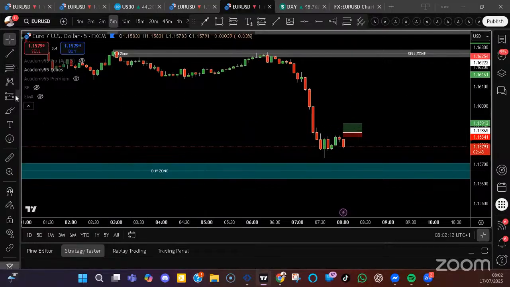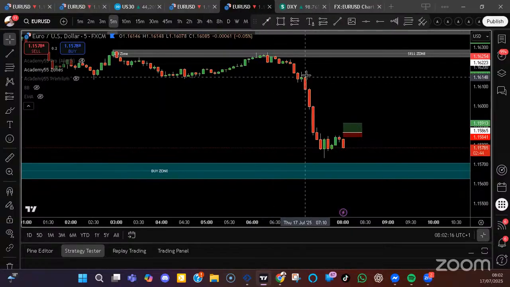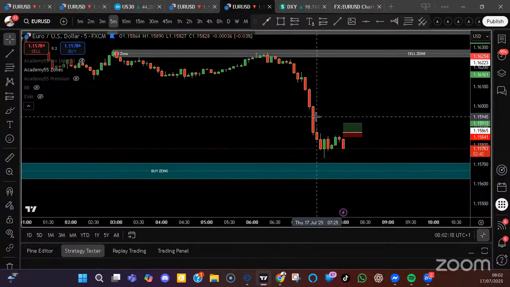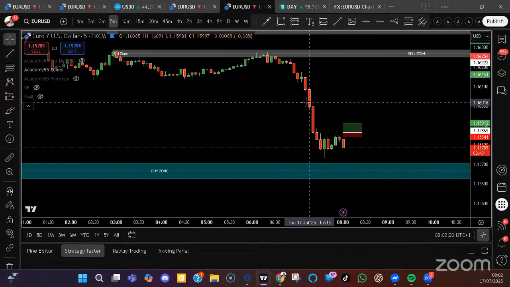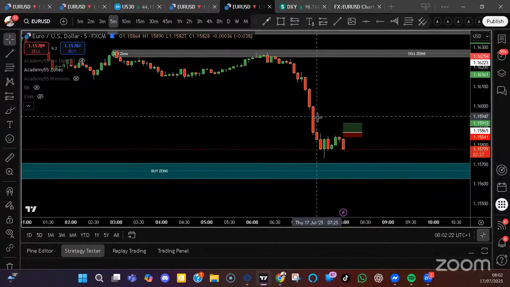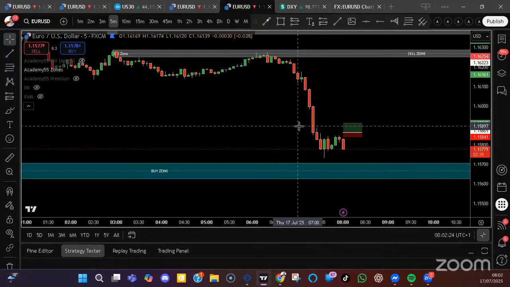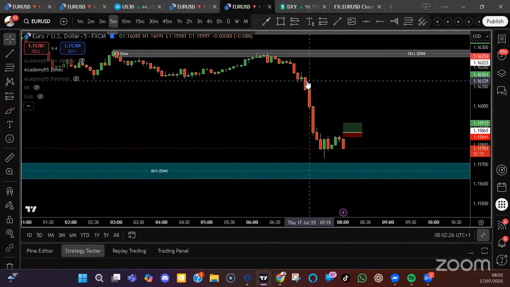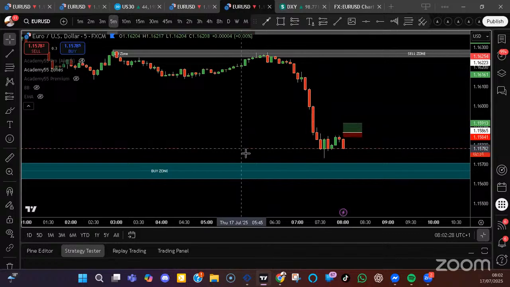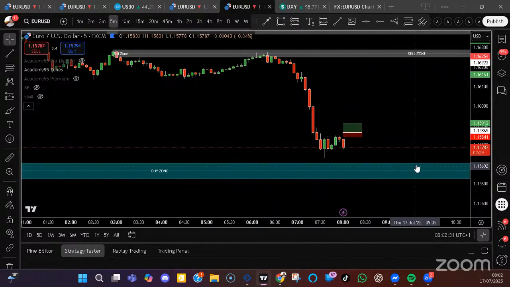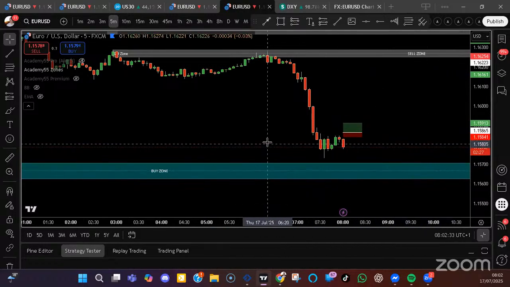So as you can see, we have big imbalances being formed on the drop around about 7 o'clock. But they're in no rush to clean that up yet by the look of it. Could be some buy orders in this buy zone here, you see.